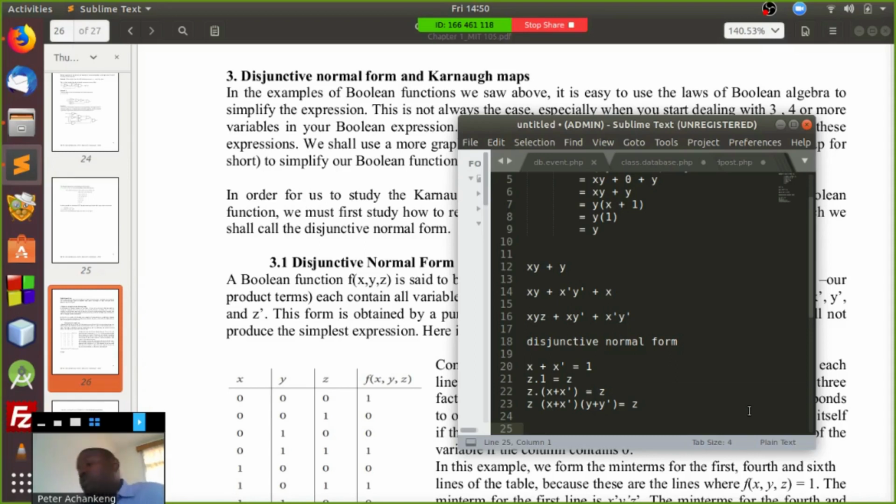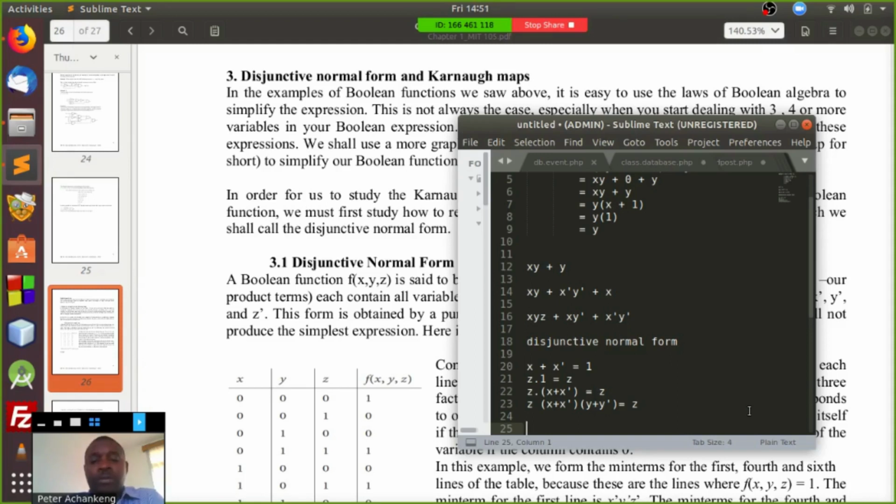All right. So the technique is that in disjunctive normal form, whenever you want to introduce a particular variable in a term, if say z is missing in a particular term and I want to introduce z, you simply multiply that term by z plus z prime.